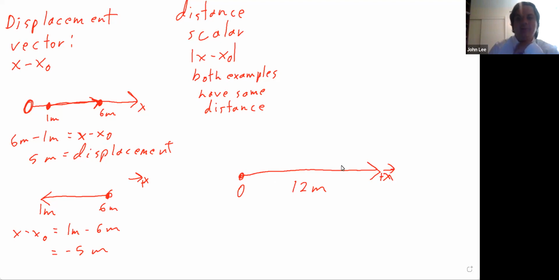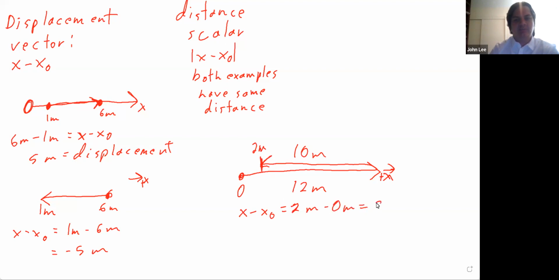If you go out 12 meters and then you go back 10 meters, then the total displacement is going to be equal to x final minus x initial, which is equal to, you end up at 2 meters from your initial position. So this is going to be equal to 2 meters minus 0 meters equals 2 meters.